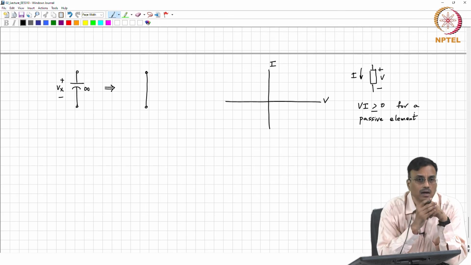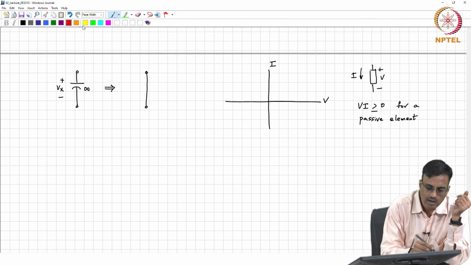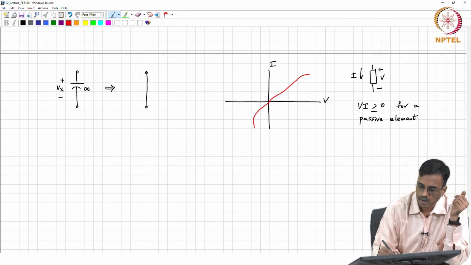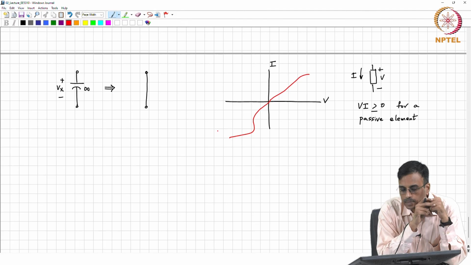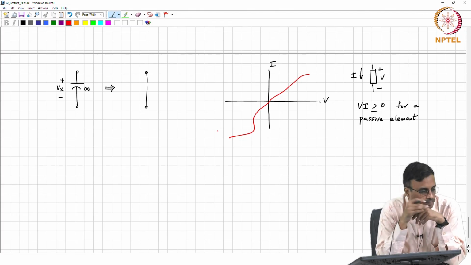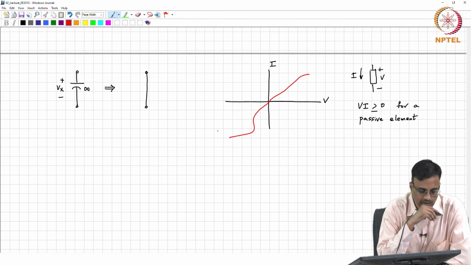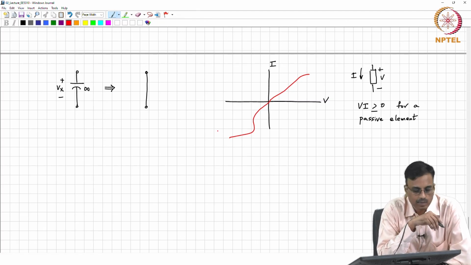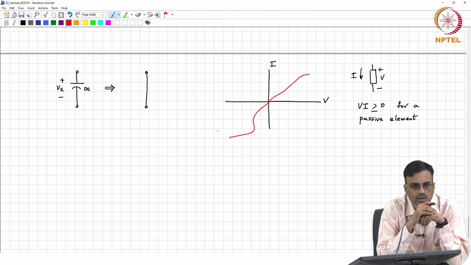And consequently, the characteristic can only lie in the first and third quadrant. Okay. So, the moment the characteristic goes into the second and fourth, you know that there is some source of energy inside. Okay. So, that basically finishes the discussion on nonlinear elements, basic discussion or review of networks with nonlinear elements.